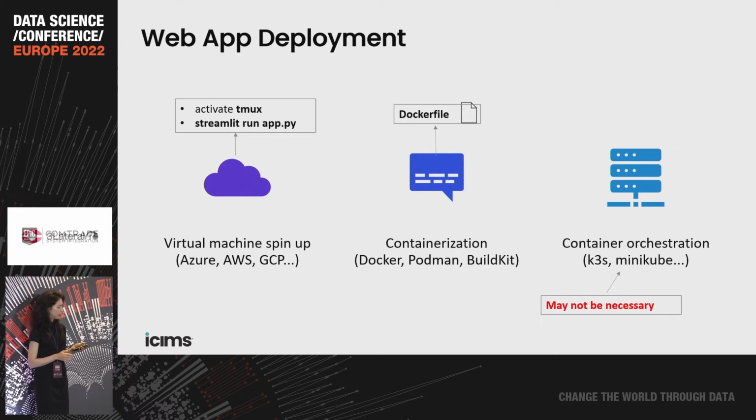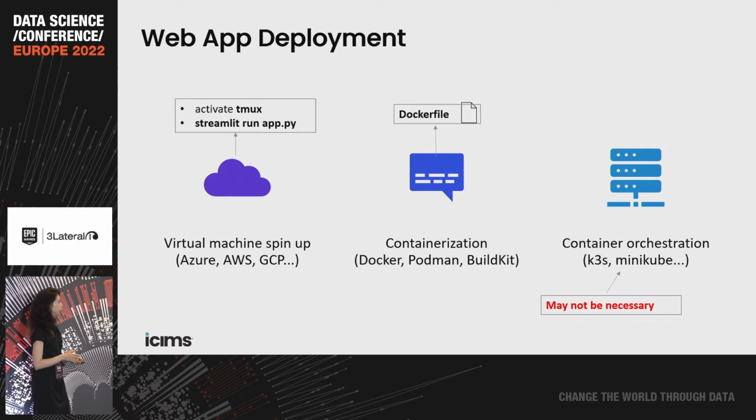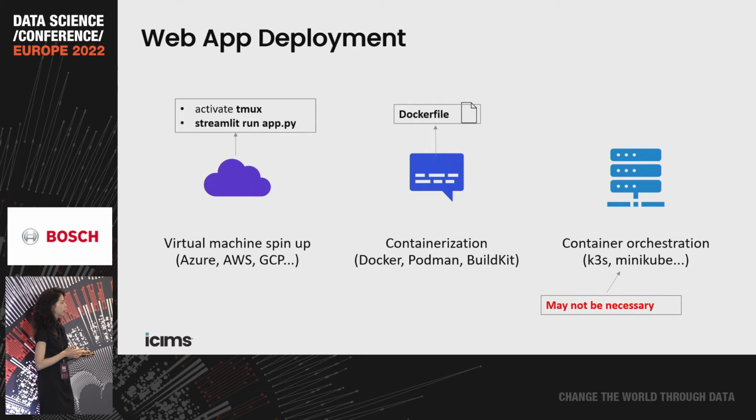If you aren't eager to learn cloud development, and it's just very easy to start, run and use your application, you just spin up a virtual machine on the cloud provider that your company uses. Then activate tmux, where you can run your program in the background. With this line, streamlit run application.py, you can start running your program.